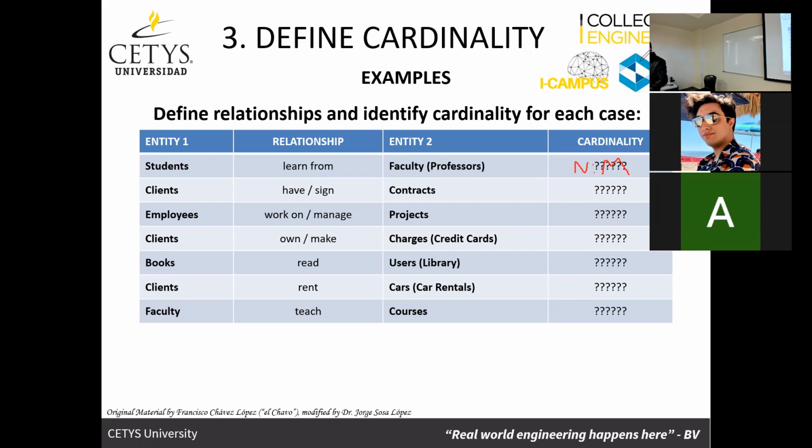Let's say that, depending on the type of contract, it could also be one to many. Let's give a few examples of each. It could be one to one. Let's say it's an NDA, a non-disclosure agreement.